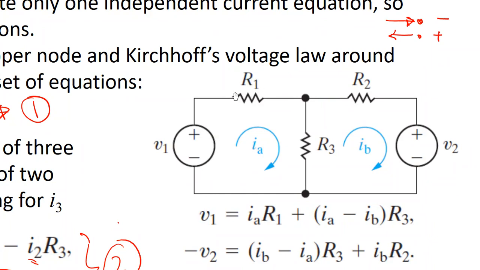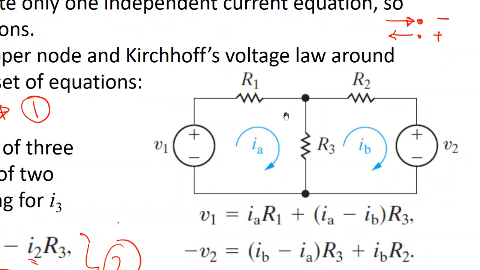What will the voltage drop across this resistor be if IA is flowing in this direction? In the chat box, it says IA R1. Correct, thank you. So the voltage drop here will be IA times R1.